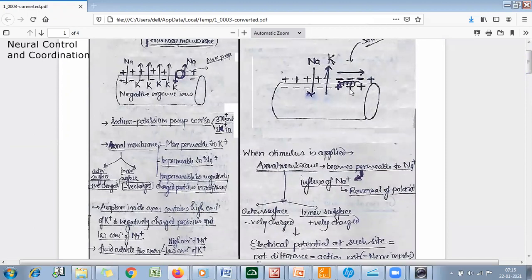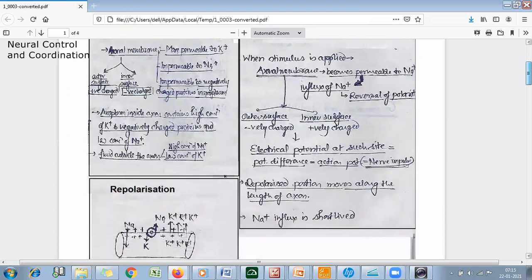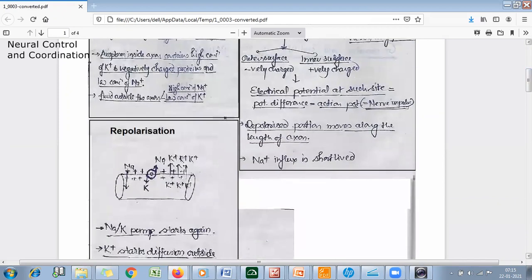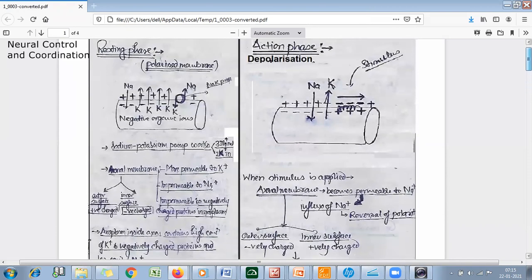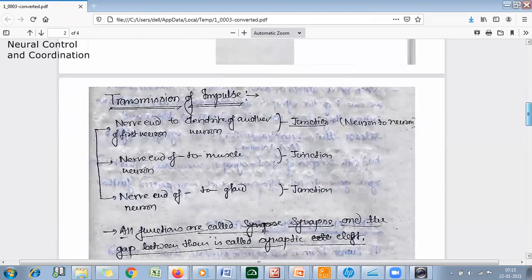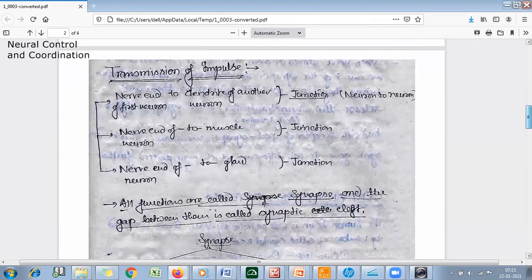In the second phase, a stimulus was created, and the stimulus moved forward along the length of the axon, and at the place where it was generated, after the stimulus moves forward, the repolarization state comes, which resumes the resting phase. Now, we will talk about the transmission of impulse.